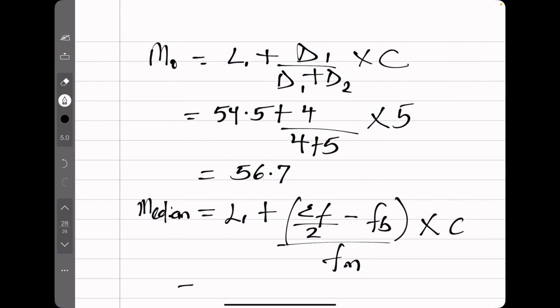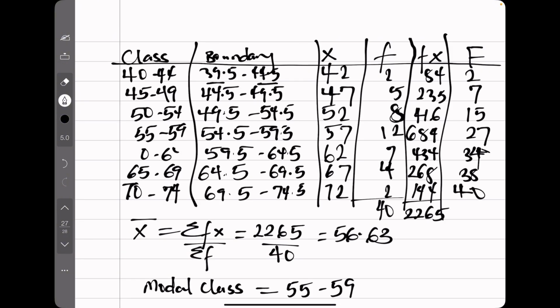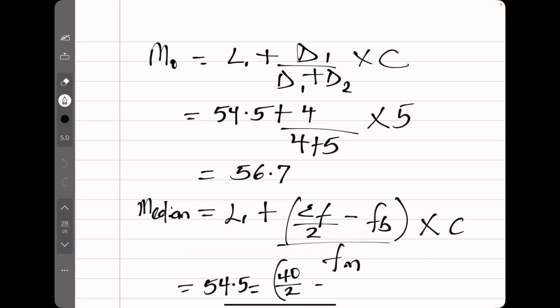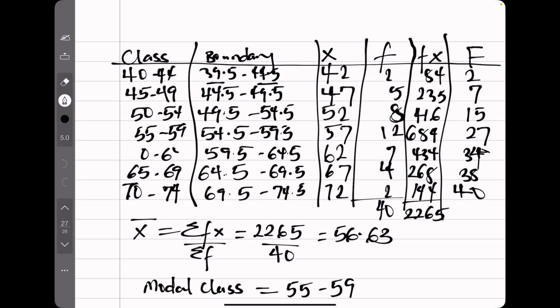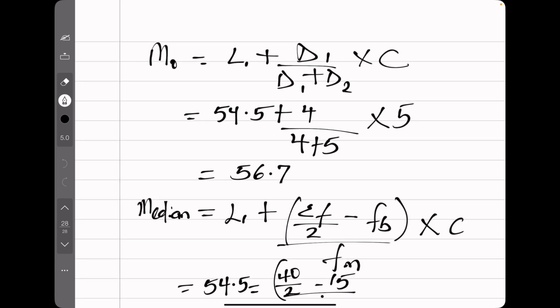For this set of data, our L1 is 54.5, our summation f is 40, over 2, minus FB, which happens to be 15, all over the frequency of the median class, which is 12, all times 5.